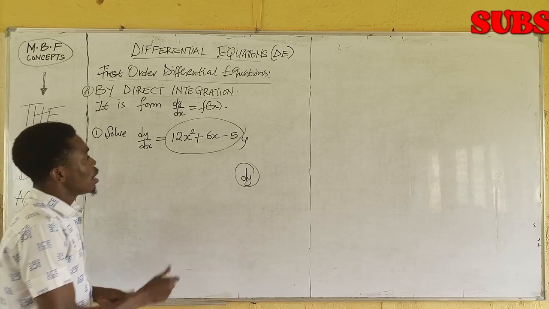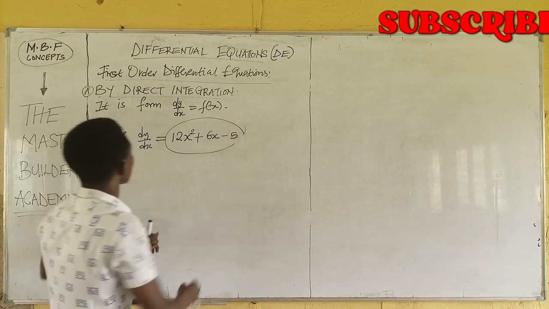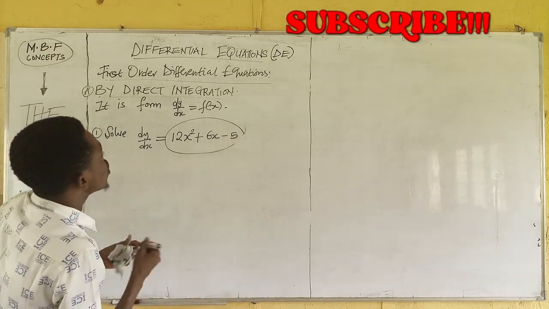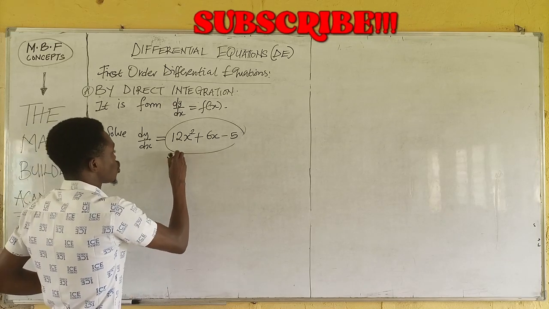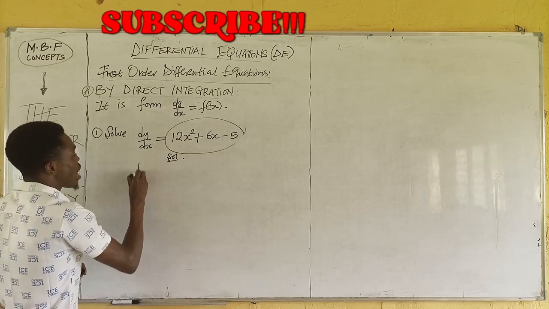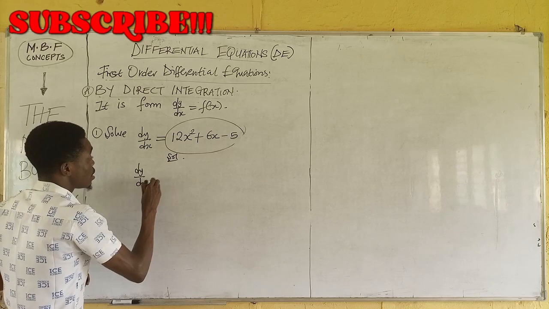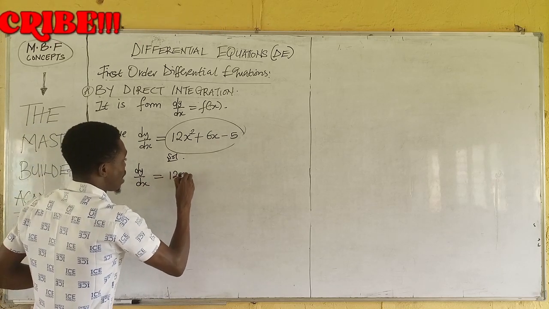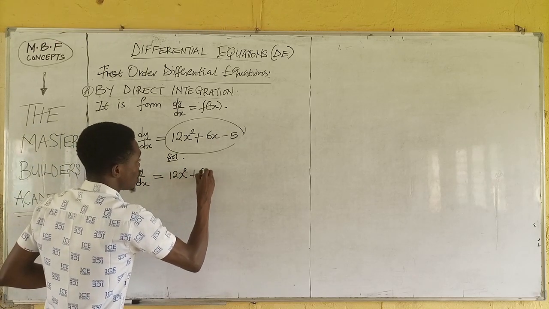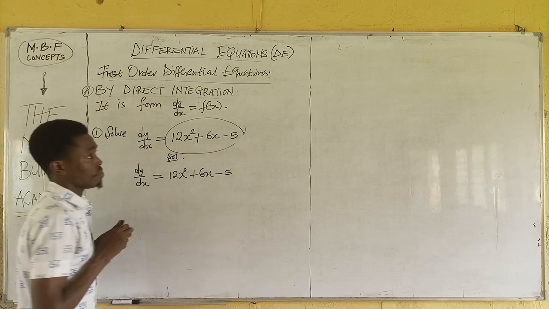Right? Now, listen carefully, guys. At this point, all I need to do, this is my solution, is I'm going to have dy over dx is equal to 12x squared plus 6x minus 5.